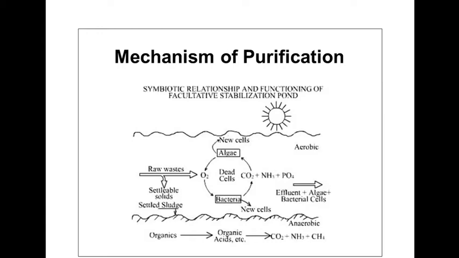So what is the symbiotic relation and functioning of the facultative stabilization pond, or the mechanism of purification of the facultative stabilization pond? As we already discussed, this facultative pond consists of both conditions, the aerobic conditions as well as the anaerobic conditions.